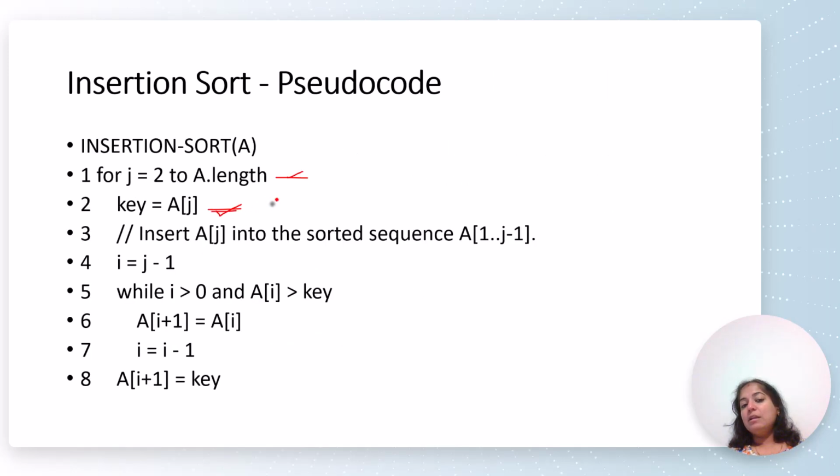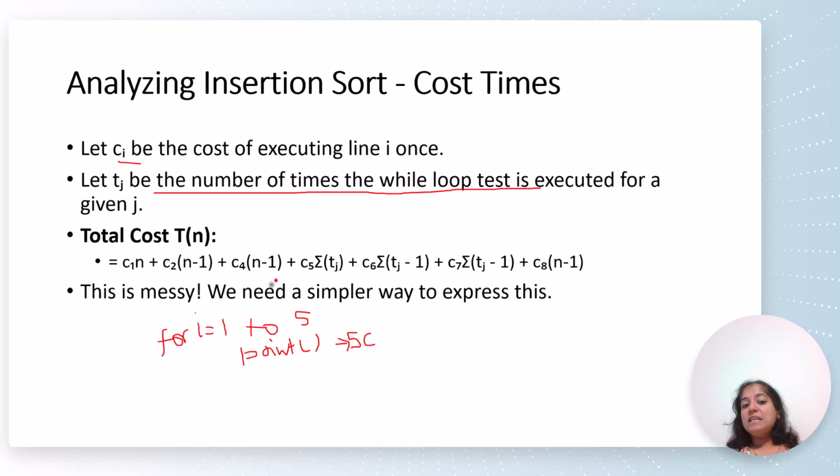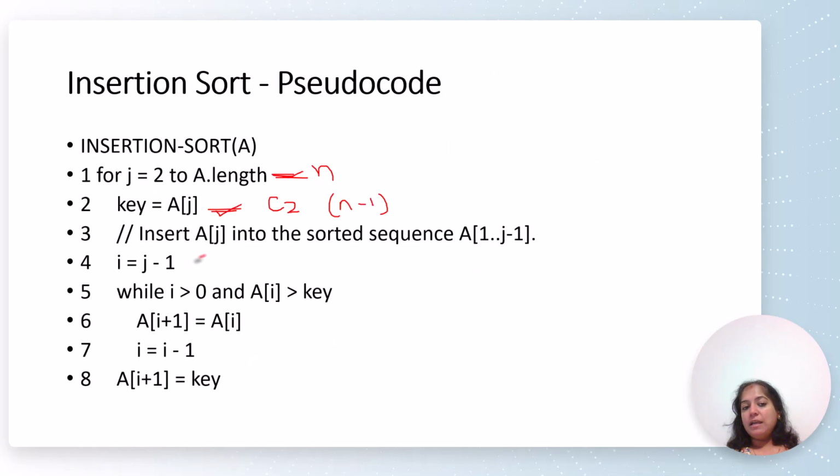The cost of executing this step is C2, and this step will execute n minus 1 times, because if your for loop is executing n times, then the inner statements of the for loop will execute n minus 1 times, because the last time it invalidates the condition, right? So it will be C2(n minus 1), then C4(n minus 1). Again, this is C4, so it becomes C4(n minus 1).